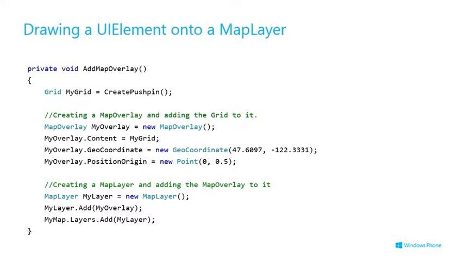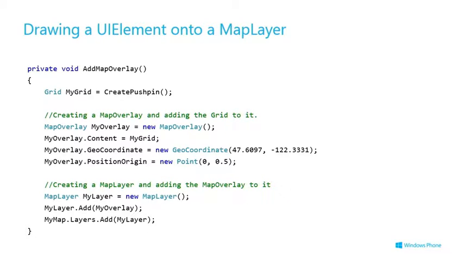And then this is how you would actually add a pushpin to the map. So you call that create pushpin method I just showed you, which gives you back this custom grid with that rectangle and polygon in it. You then new up a map overlay object, and you set the content of that map overlay object to our custom pushpin object.